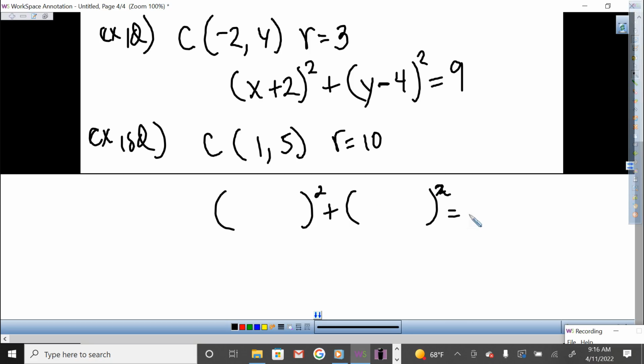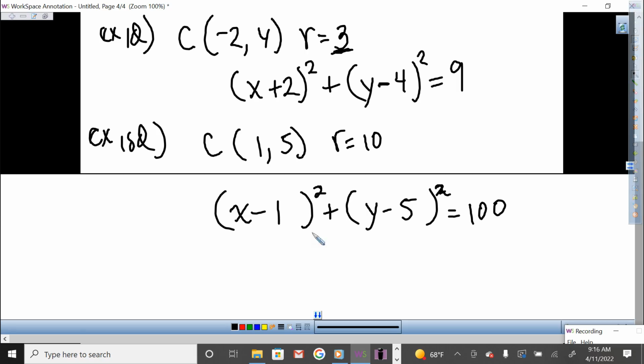Have someone, Andres? Maya. X minus 1 squared. Y minus 5 squared equals? Okay, so the radius is 10, so what goes here? On this one, the radius was 3 and it became 9. 100. Hands if you got that.